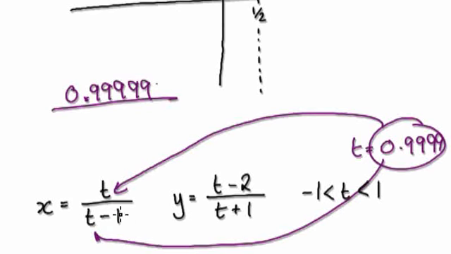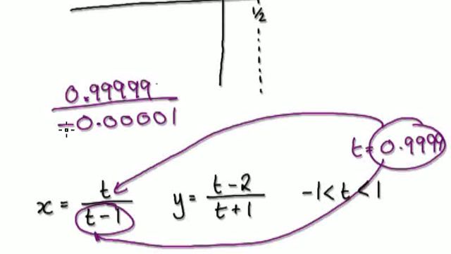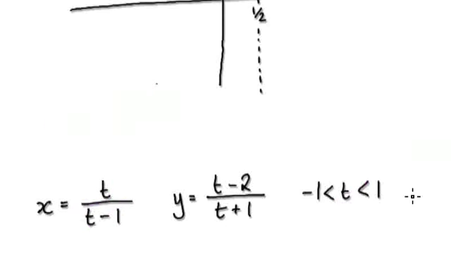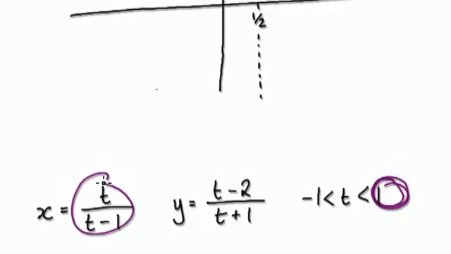Take away, this thing here will then be negative very, very small. Negative very, very small. So this thing here will be very, very big, but then you've got a negative here. So it will be very, very negatively big. So when t is around here, x will be very, very negatively big.